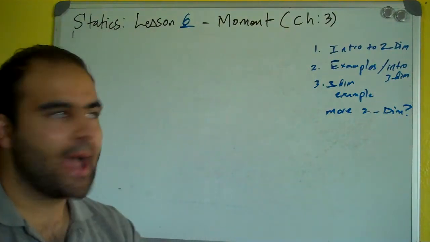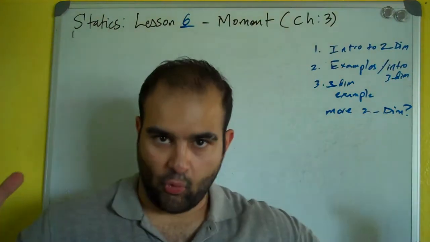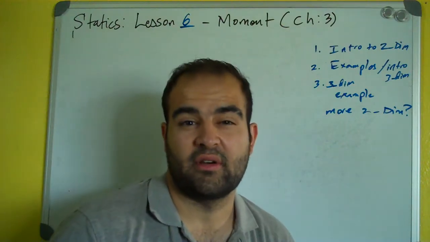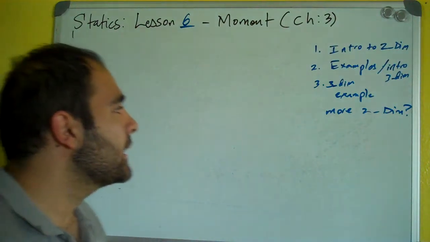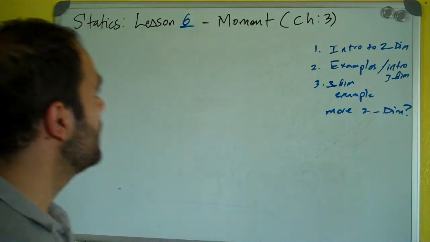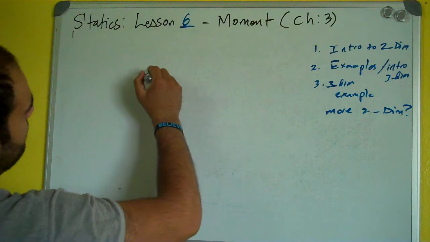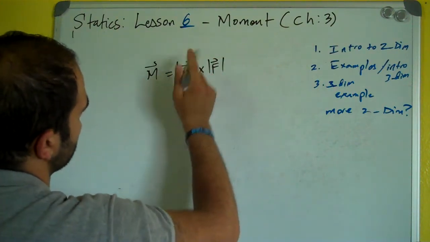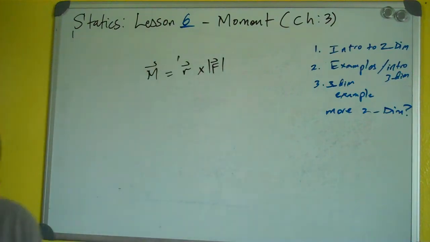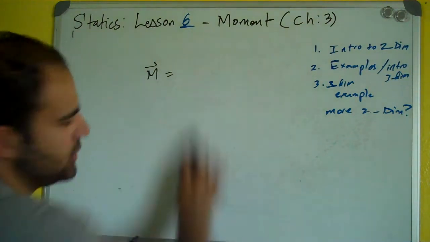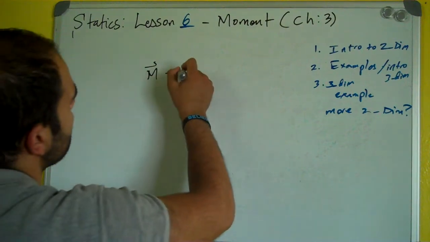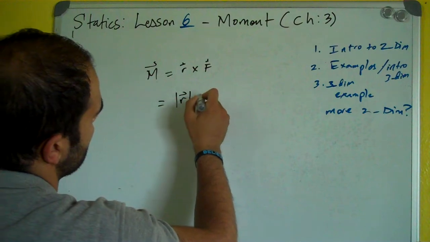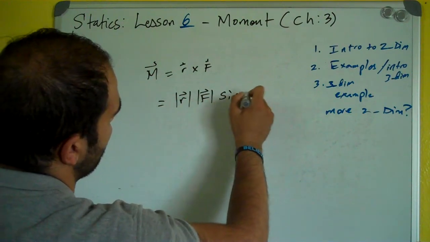So again, just to recap, moment is the arm vector crossed with the force vector. The simplest way to do it, if you recall the cross product, is to write it as r times F times sine alpha.